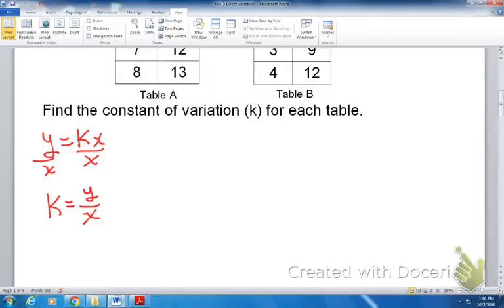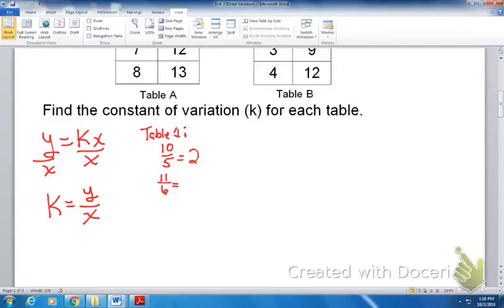So let's take table 1 first. Let's look at the points. The first point is 5, 10. Well, the 10 is the y, the 5 is the x. So I'm going to see what that is simplified. 10 divided by 5 is 2. We move to the next one, 6, 11. That's 11 over 6.